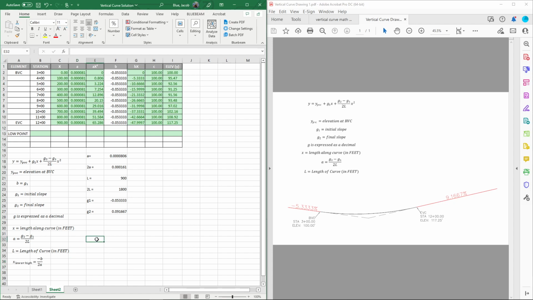So I'll say x, in this case low, is going to be equal to, and I'll use my parentheses to be careful, I want the negative value of b. So where's my b? That's the same as my incoming slope.